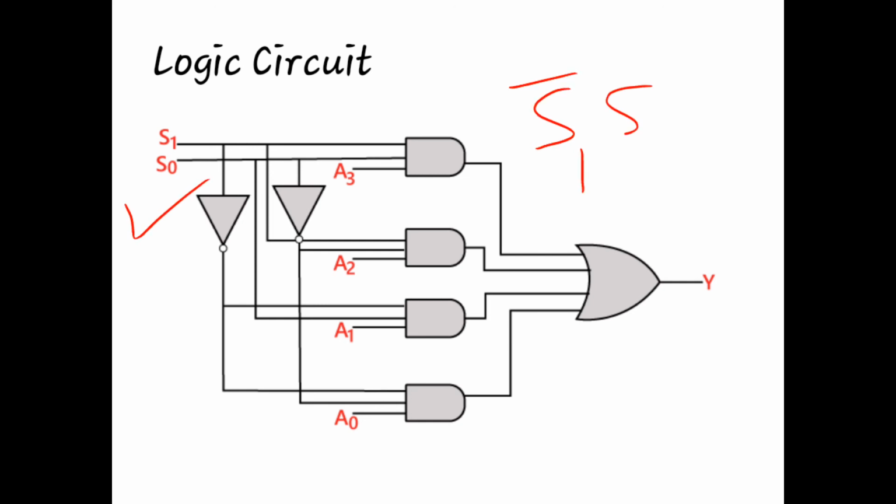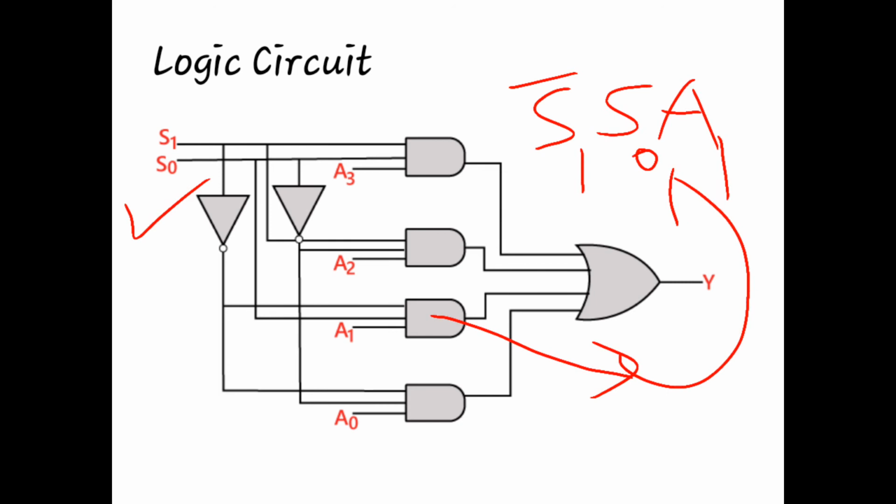S1 bar, S0 and A1. So we know that if we talk about this AND gate, it gives an implementation of this term. So what are the inputs to this AND gate? You can see here A1 itself. Then we are having S0 without inversion.